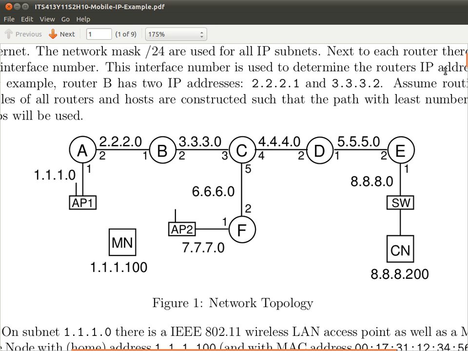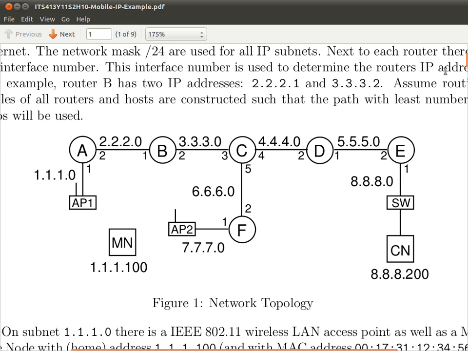Coming from correspondent node, destination 111-100, it goes to router E, and then router D, and then router C, and then B. So C, N, E, D, C, B, A.